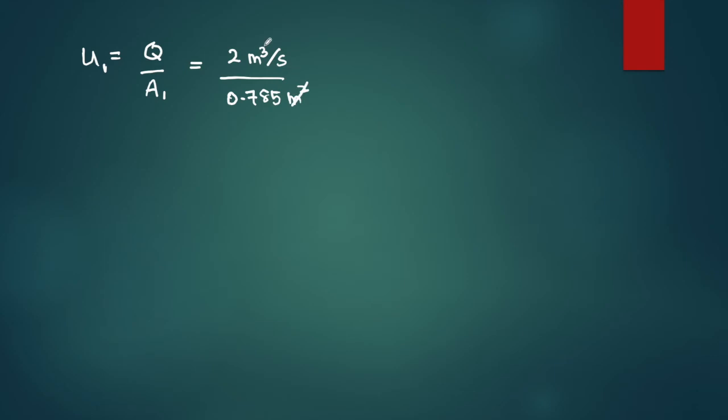We can cancel out the meter, and the unit will be left with meter per second. So we get 2.548 meter per second. That is our U1.